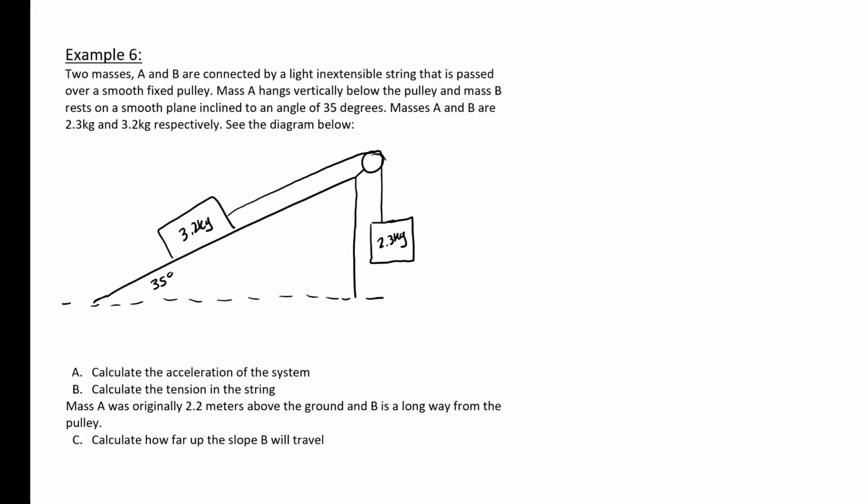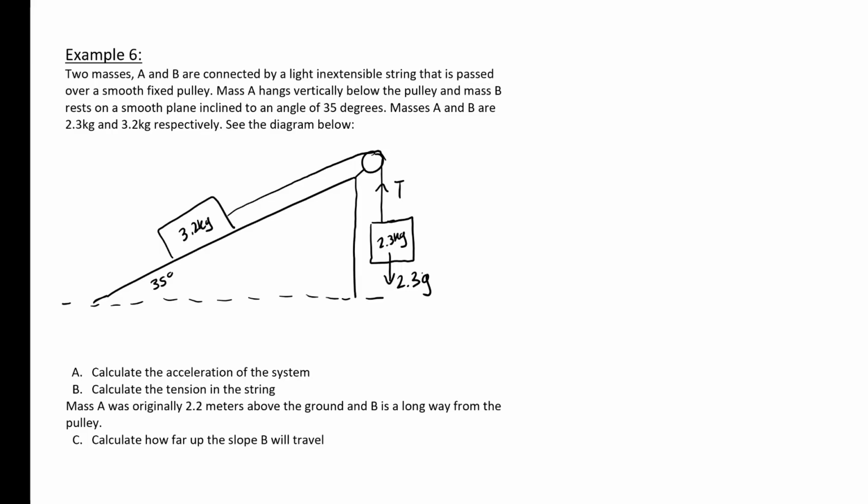As with all of these questions, regardless of what's asked, regardless of what's specified in parts A, B and C, we should go through at least steps 2 and 3. So step 2 will be to put the forces on. The forces acting on the 2.3 kilogram mass are its weight, 2.3g, and tension, which acts up.